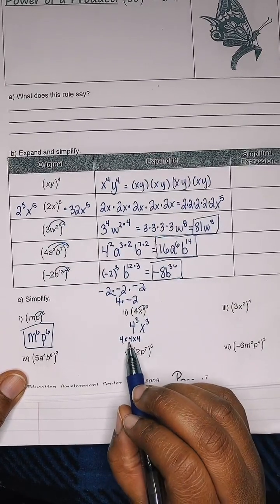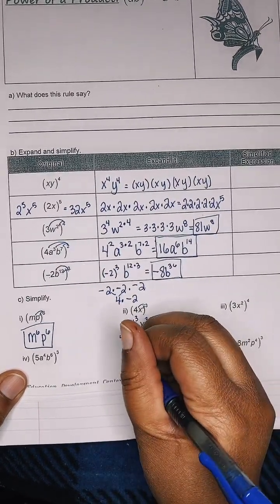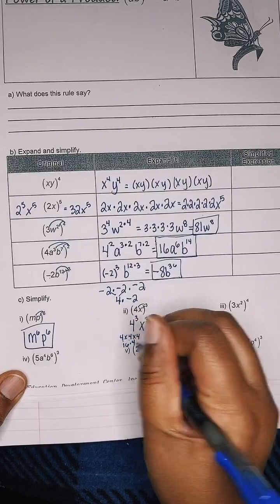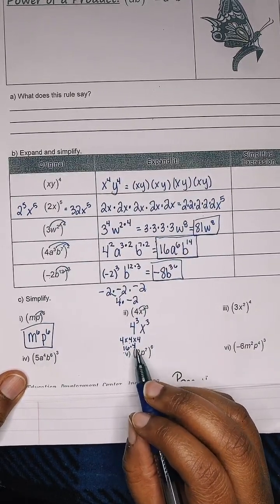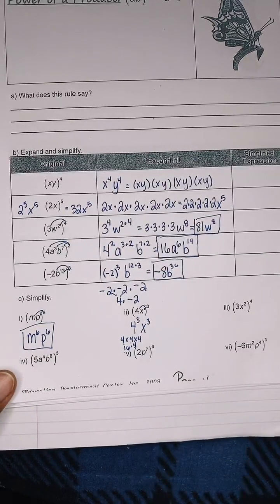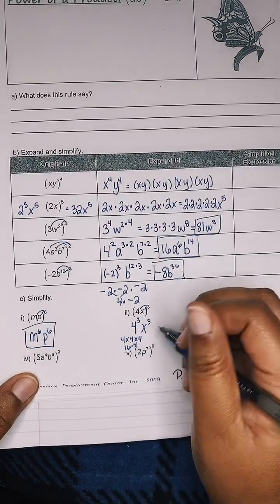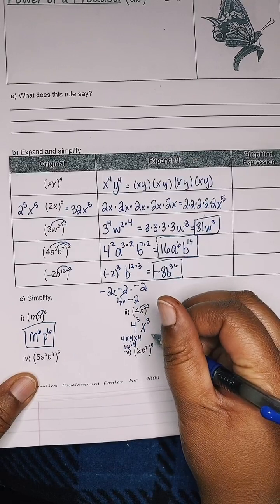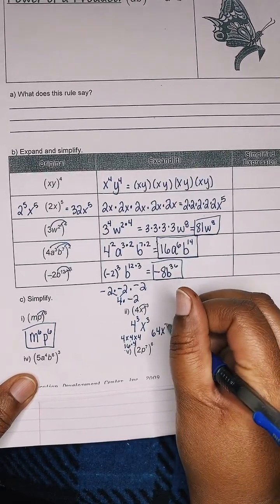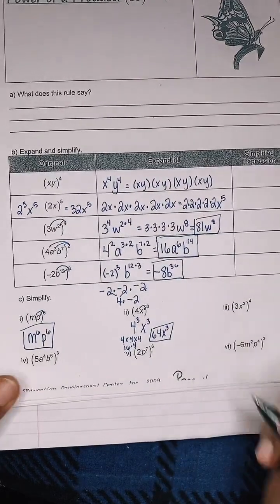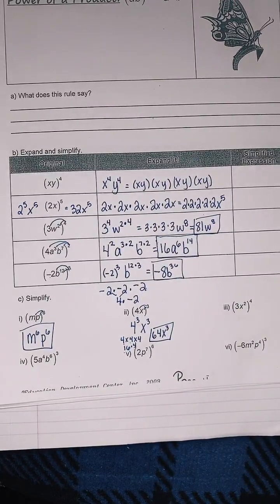So 4 times 4 gives us 16. Well, 16 times 4 gives us, I believe that's 64, x to the 3rd. So if you said 64, x to the 3rd, yeah.